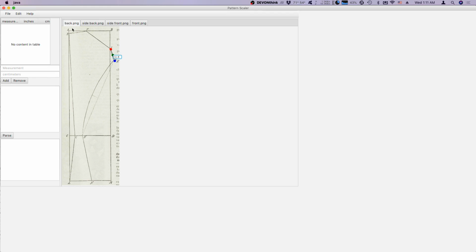So I'm going to add a few more dimensions for interesting points. I know that this is supposed to be about 3 centimeters, and supposedly this is going to be around 20 centimeters, but it varies.